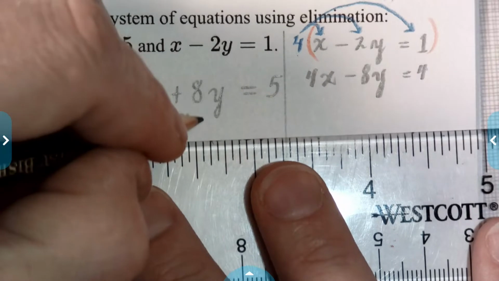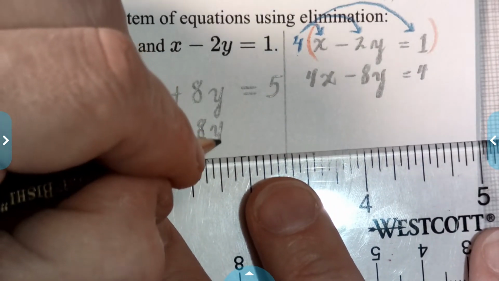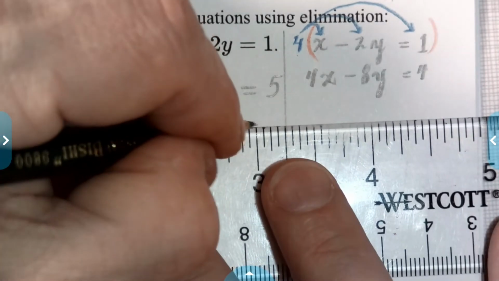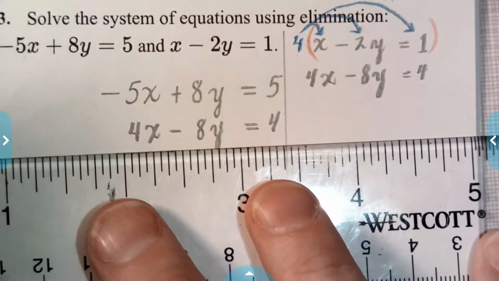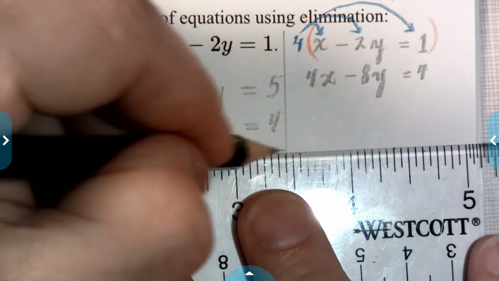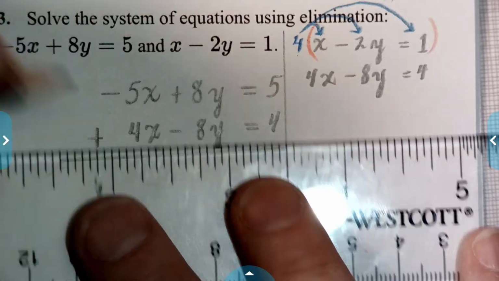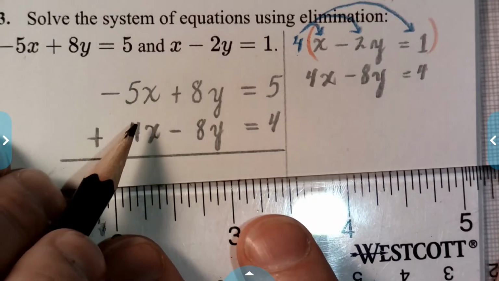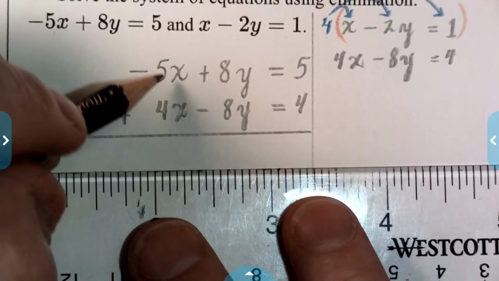Minus 8y equals 4. Okay, and we're going to add. And this time I'm eliminating the y value, so I'm not expecting the x's to eliminate.